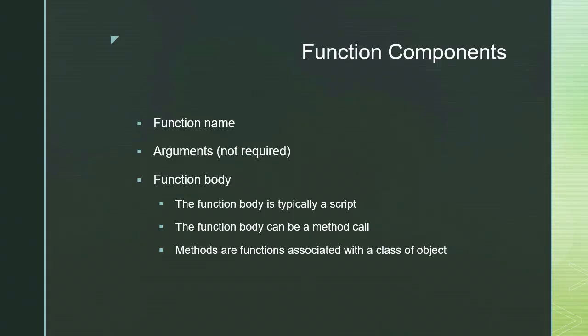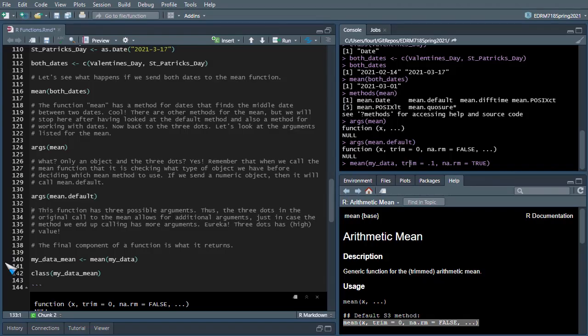The fourth and final function component is the return value. That is, what is actually returned from the function. This is not required. Some functions don't return anything. They just do something. But most functions will return a value. So let's look at what's returned when we send a numeric vector, my data, to mean.